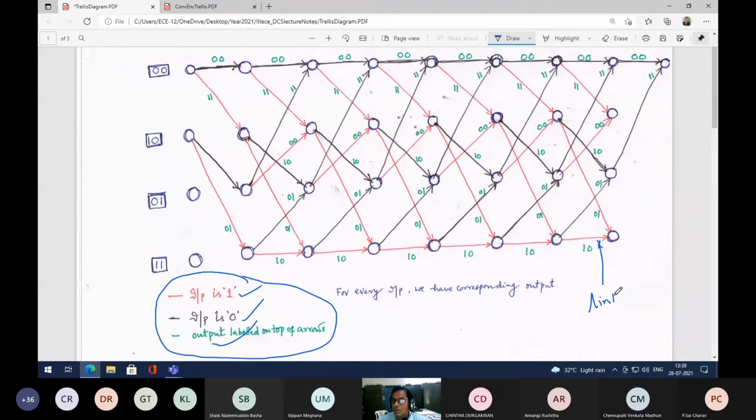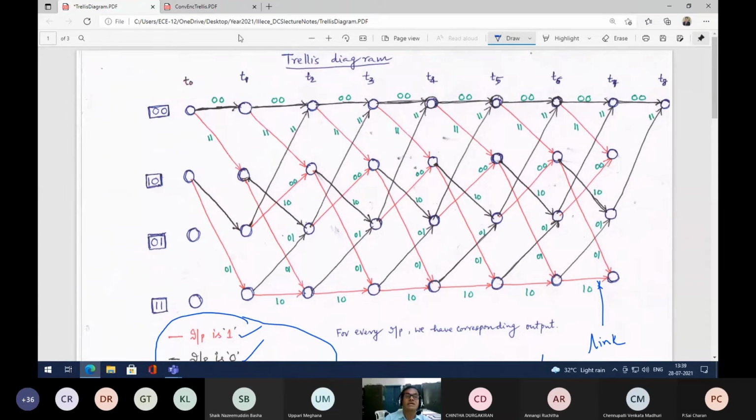Please remember, each one we call a link or branch. On each branch, the corresponding output is given based on the state machine diagram we got for the given half rate convolutional encoder. So these are the outputs on each branch. I think most of you have done it correctly.